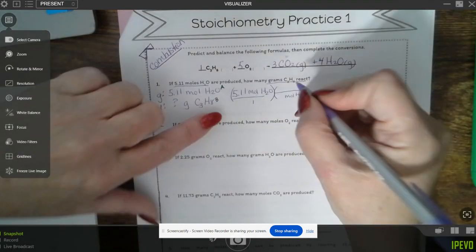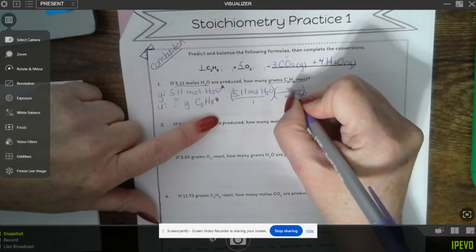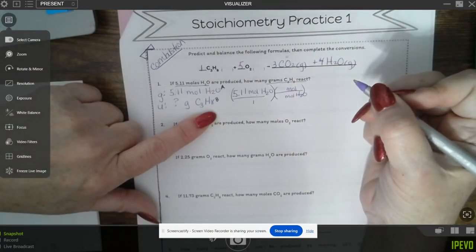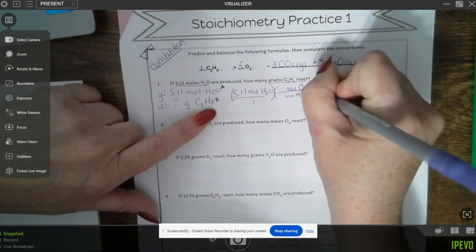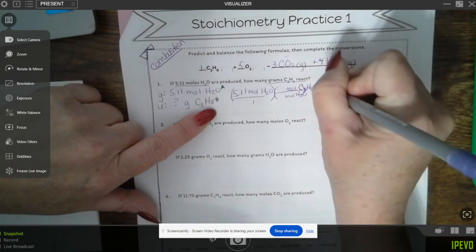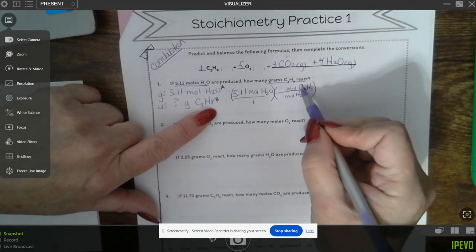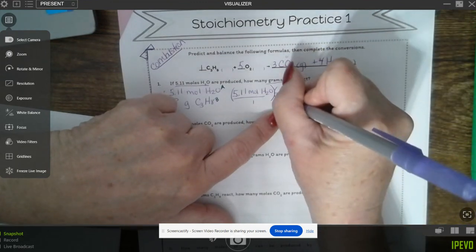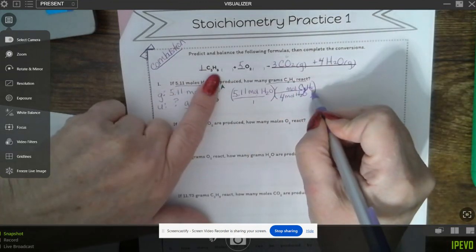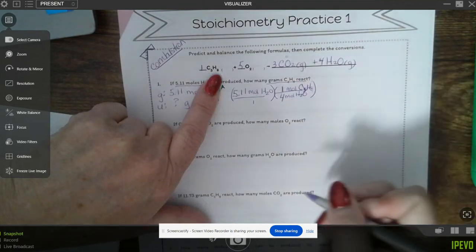Okay, so that's where we use the mole ratio. So on top, I'm going to have moles of C3H8. I didn't leave myself enough room to write. So then we look at our coefficients. So moles of H2O is 4, and moles of C3H8 is 1.